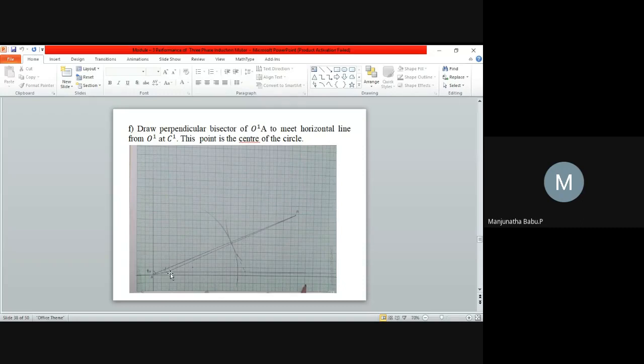From O dash, using the compass, draw the bisector line at the top as well as at the bottom. Similarly, from A, draw the bisector line at the top as well as the bottom. You'll get one axis point. Or using the protractor, exactly at 90 degrees, draw this dotted line and mark a point on the horizontal line drawn above the x-axis. It has to start from O dash.